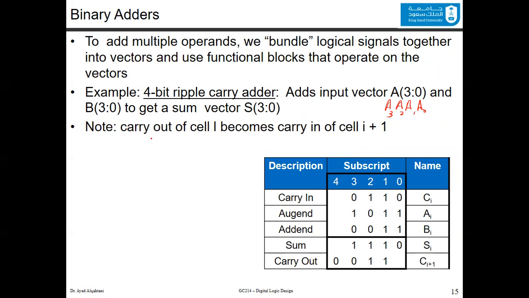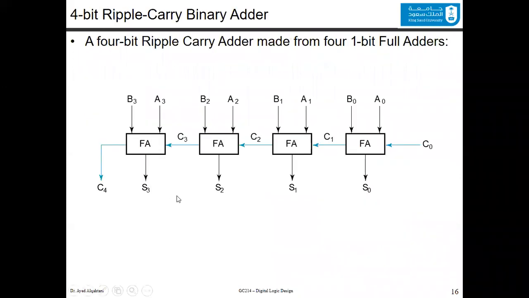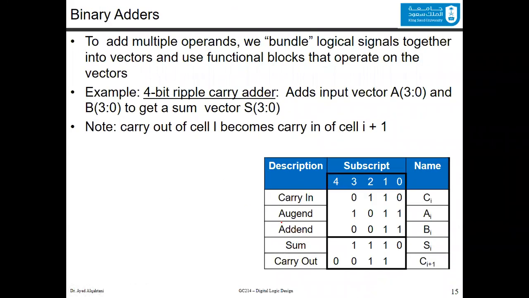You should notice that the carry out of cell I becomes a carry in of cell I plus 1. So now, as an example, we check the table below. If we have this addend, and this addend, and this carry in.